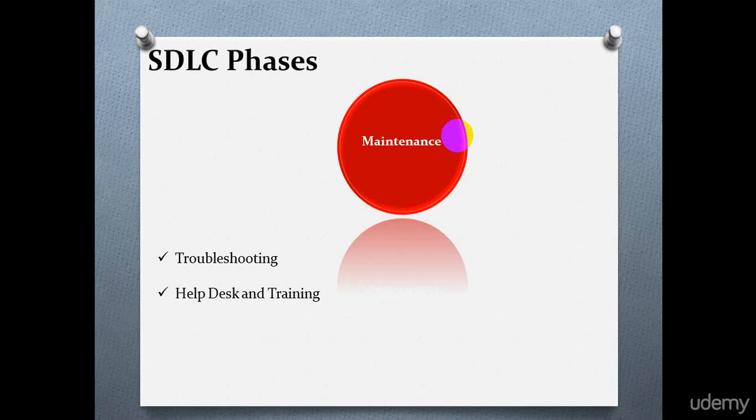Necessary trainings are provided to the technical support team to support the application. Similarly, trainings are also given to the users who will be using the system. It also involves providing end users with the latest updates of the software, if any. This phase is continued as long as the system is in use.